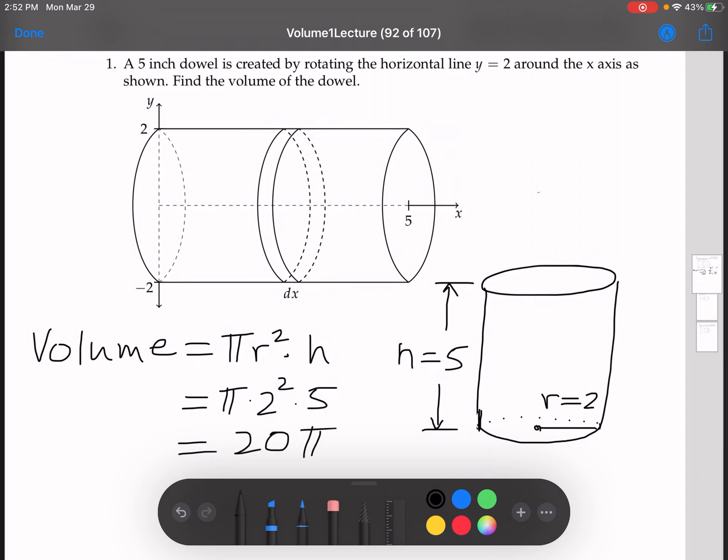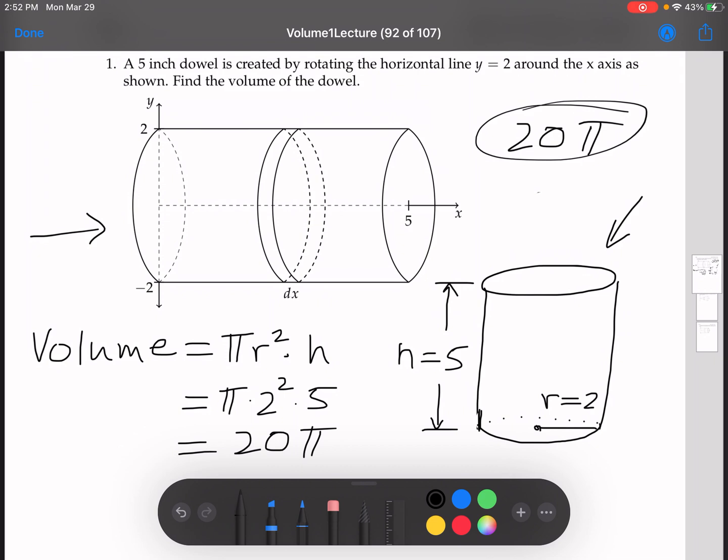So the answer to this problem is 20 pi, without the units. We'd have inches cubed for units.